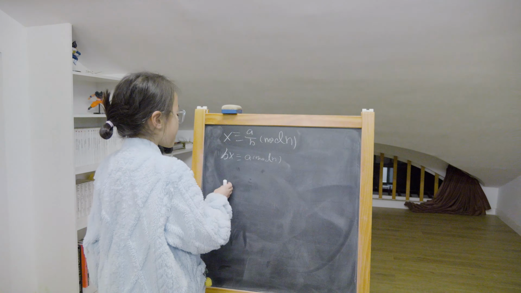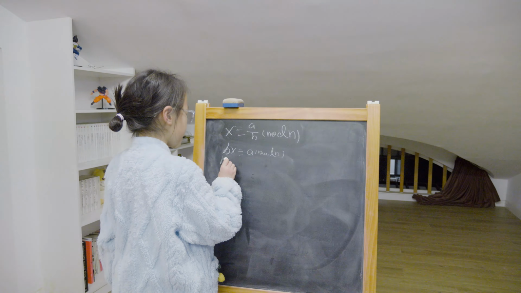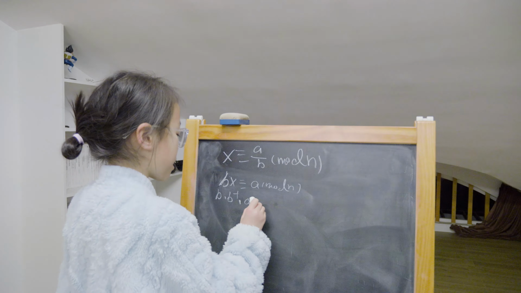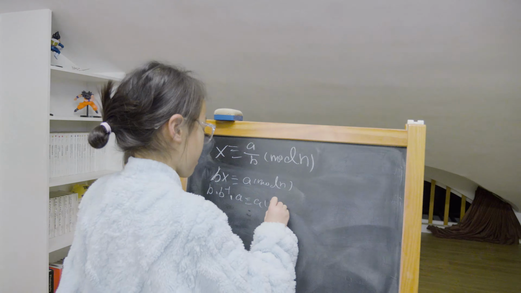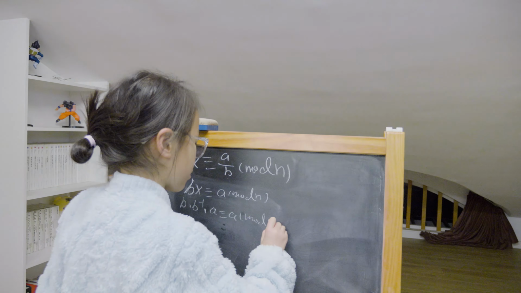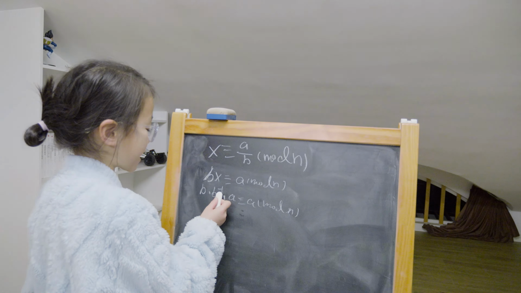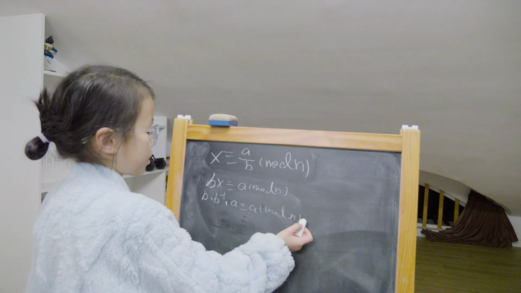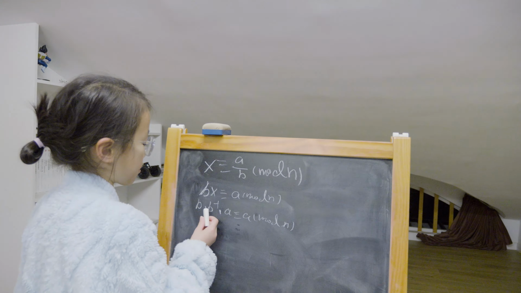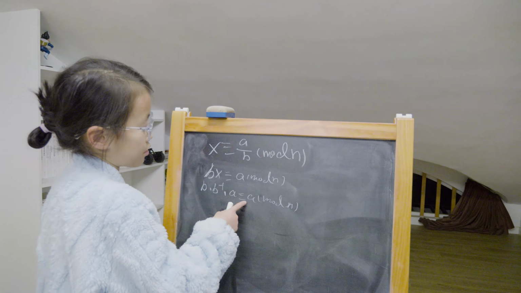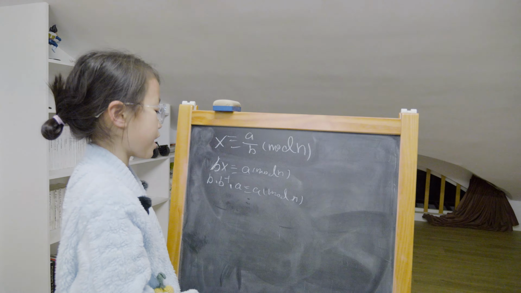If we write it like this, we have b times b to the negative 1 times a, congruent a mod n. So we let x equal b to the negative 1 times a. Then b times b to the negative 1 is 1, so it's 1 times a, which is a, and a is of course congruent a mod n.